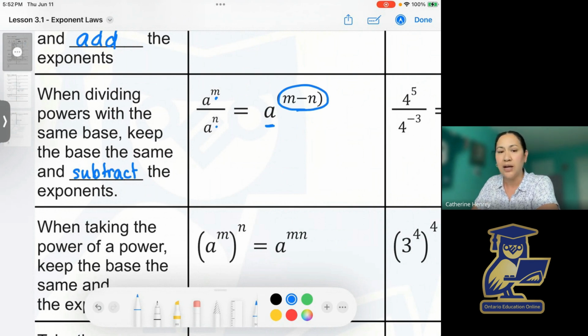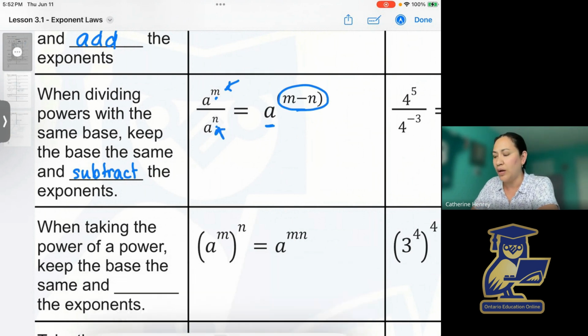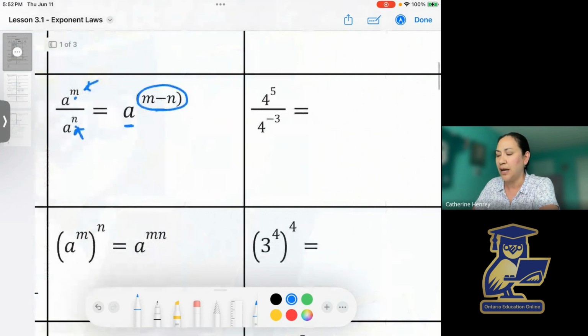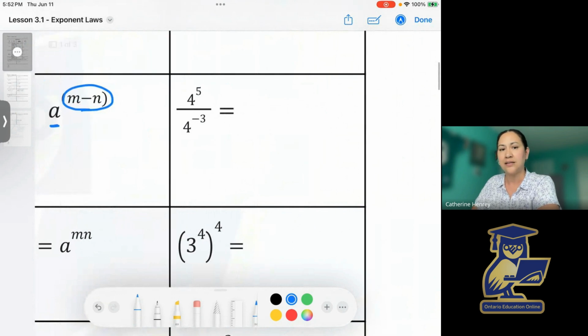Remember, when we subtract and when we divide, the order matters. So here, since m is in the numerator and n is in the denominator, when I subtract, I have to take m minus n.